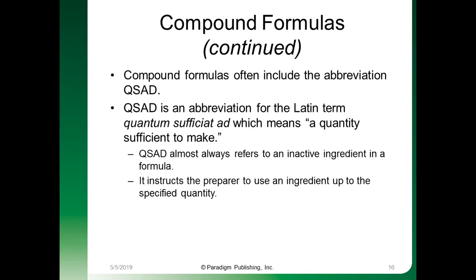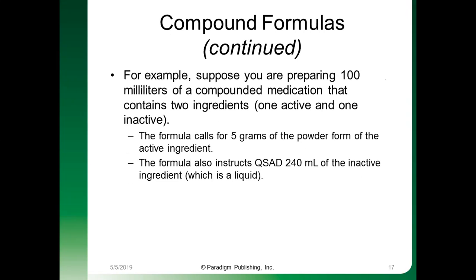So if the recipe calls for a quantity sufficient to make 100 mLs, you'll measure the medication. So if it's a 30-gram medication, you'll weigh that medication in mLs, and then you'll add whatever the inactive ingredient is. So if 30 grams weighs 2 mLs, that means you're going to have to add 98 mLs of the inactive ingredient. So that's what QSAD stands for.